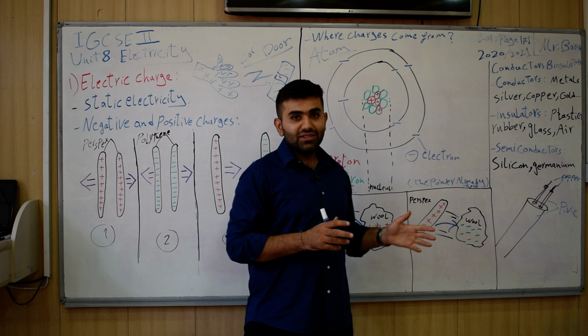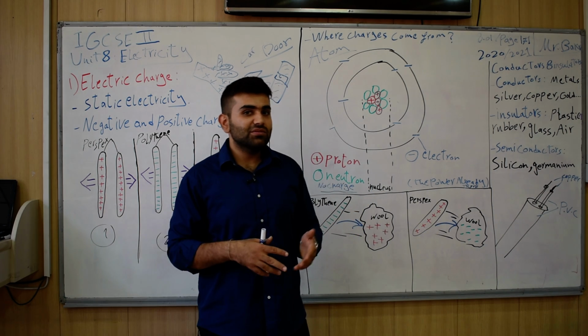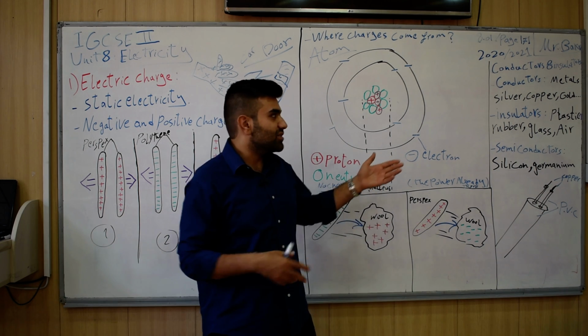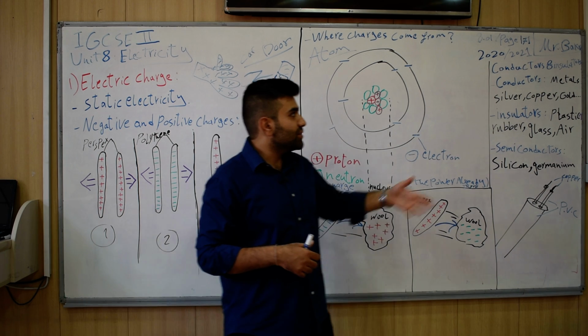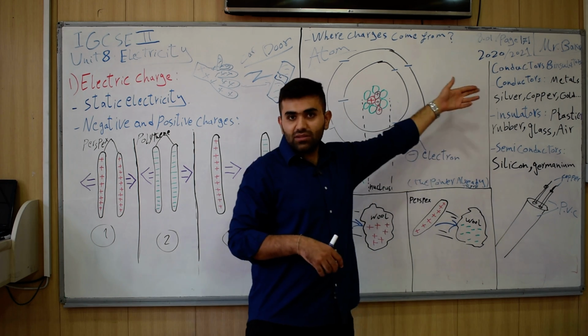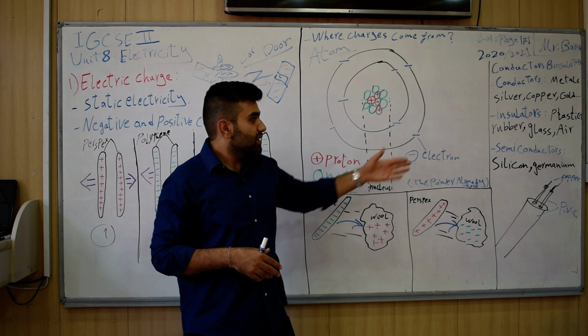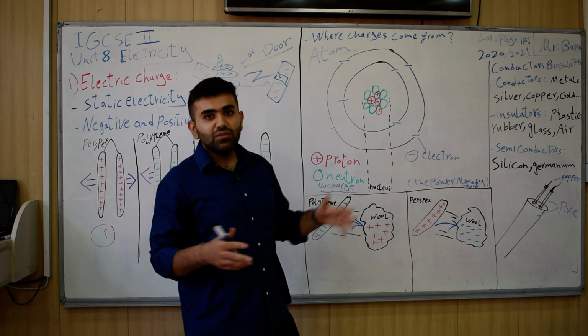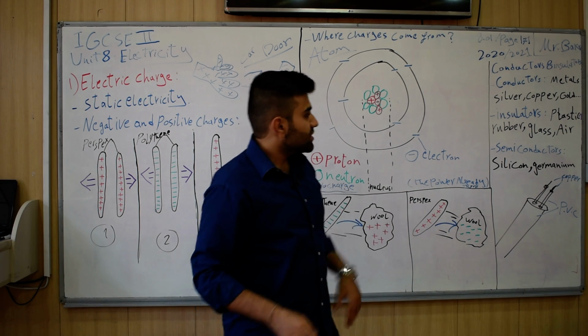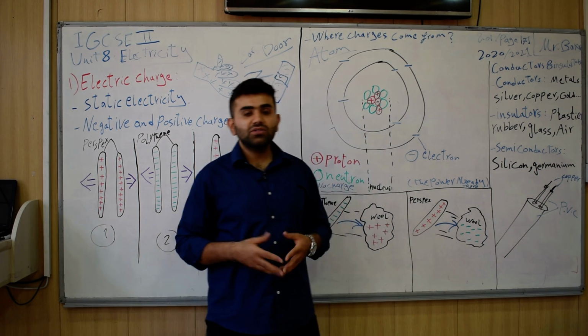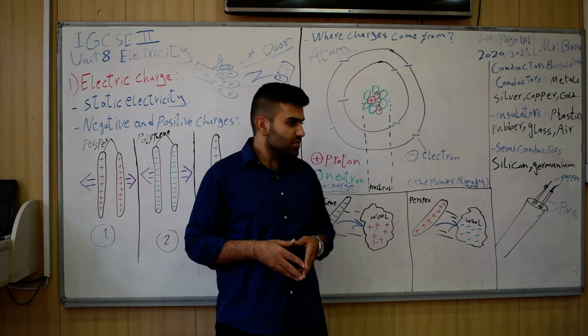When they are cold, they give you a bad conductor, more like the insulators. But when they are warm, they give you a good conductor. The two most known types of semiconductors are silicon and germanium.